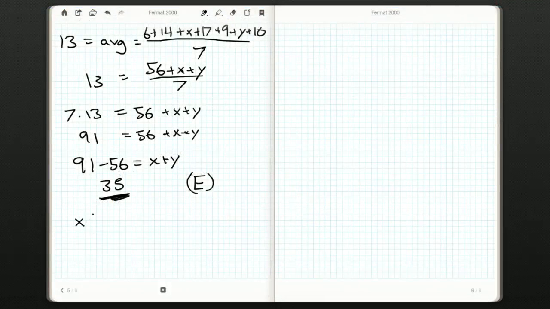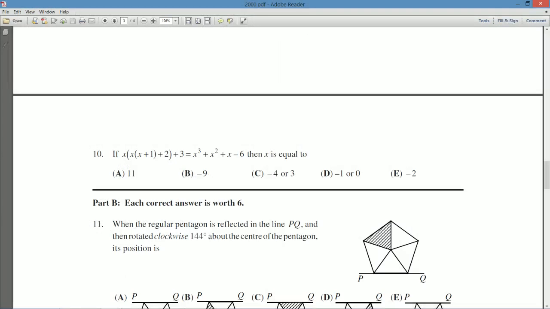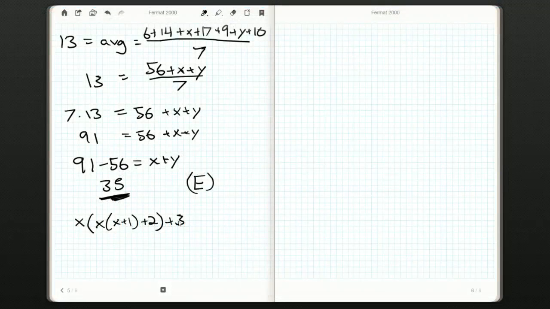So x(x + (x + 1) + 2) + 3. Let's just double check that that is the expression. It is. Fantastic. So now let's start expanding this out. So x times x is going to be x squared plus x plus 2.